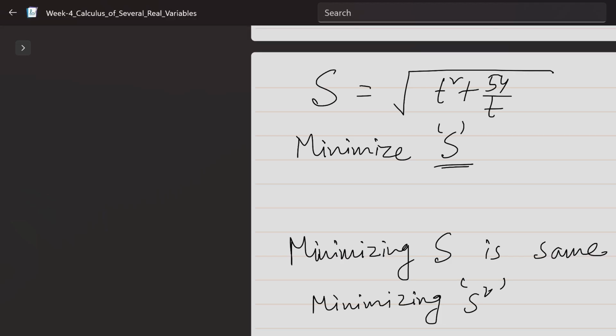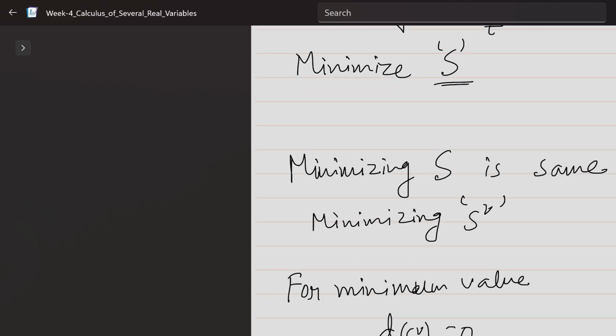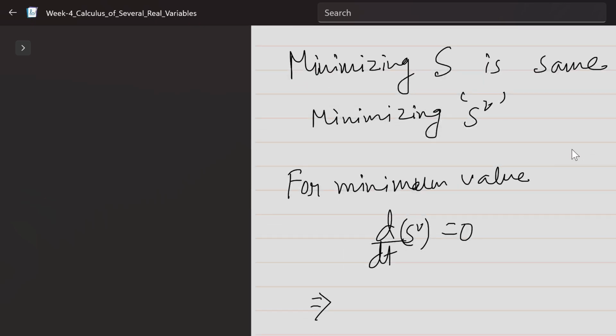So for the minimum value, what you have to find is d dt of s square equal to 0. That is the critical point. Since it is a function of one variable t, I am writing d dt, not partial derivative.